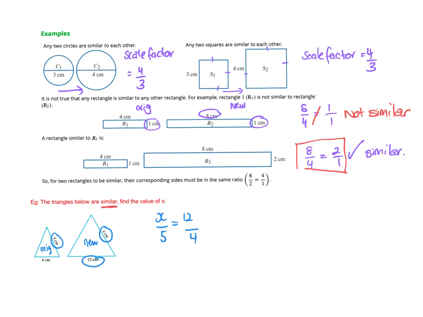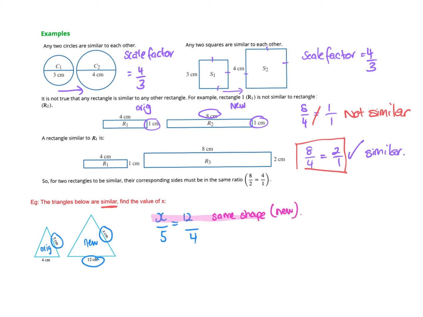So when you set this up, just make sure that when you look across this way, these have come from the same shape. So what do I mean by that? They are both pieces of information from the new object, yeah, the new shape.